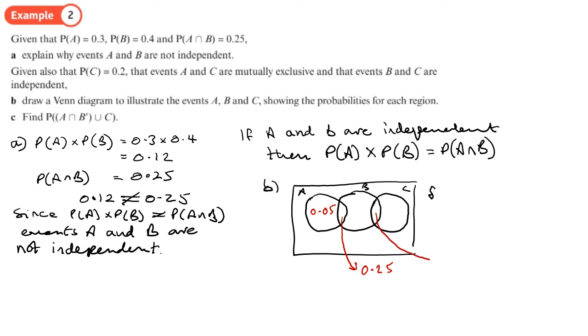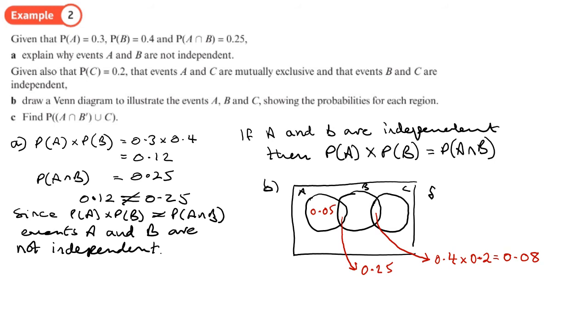Now it says that B and C are independent, so I can just multiply together the probability of B and the probability of C to get the overlap, because it tells us they're independent. So that's 0.4 times 0.2, which is 0.08. So that's going to go in there.